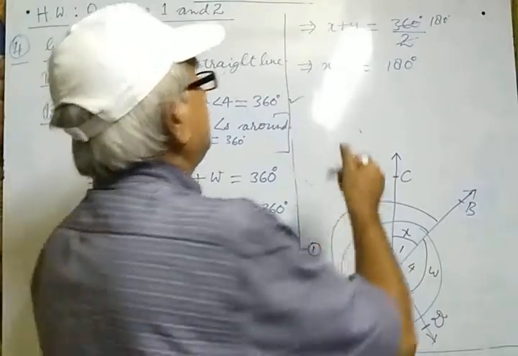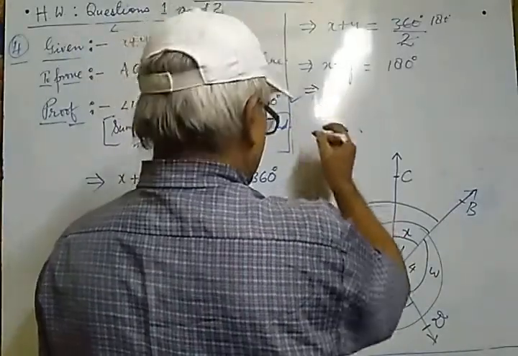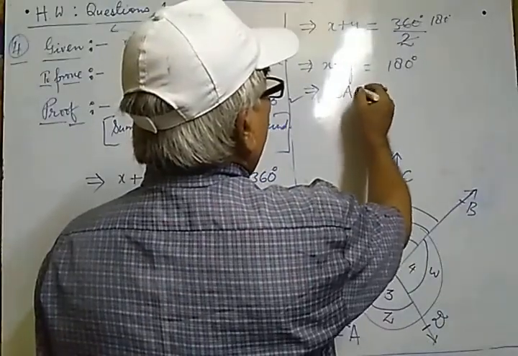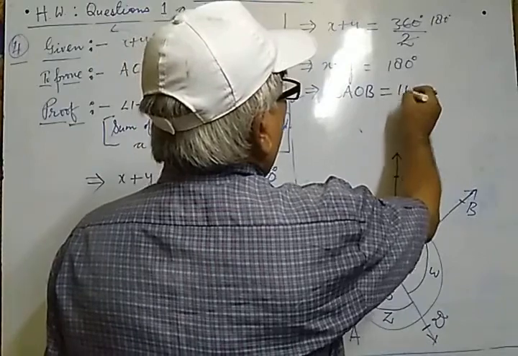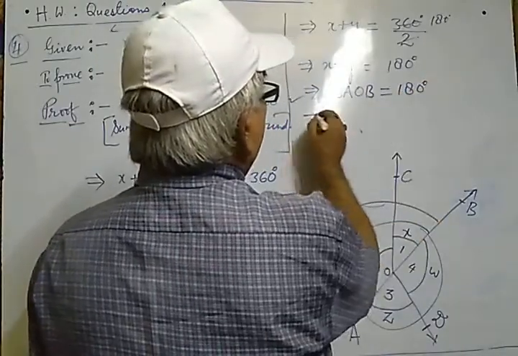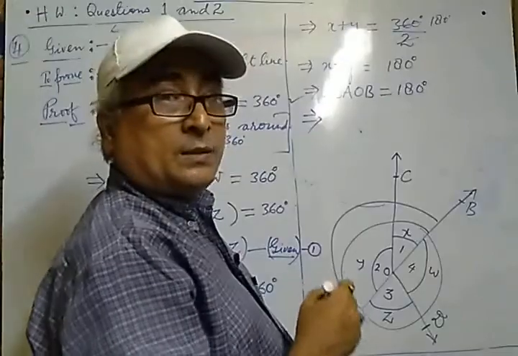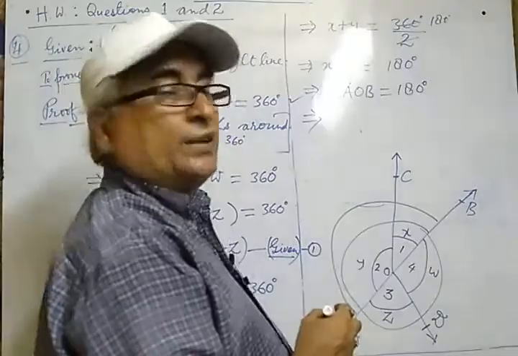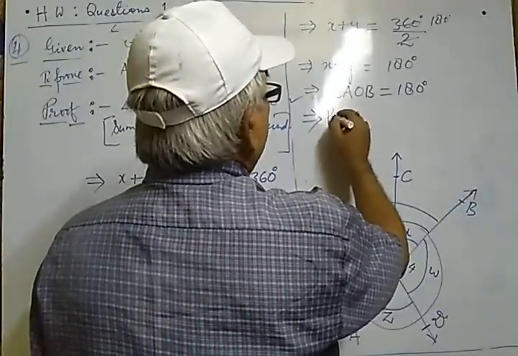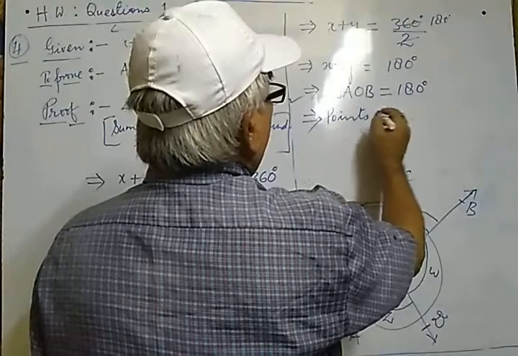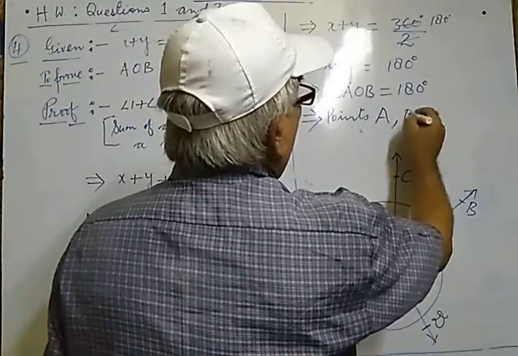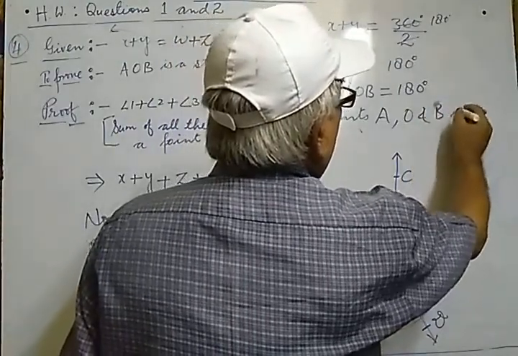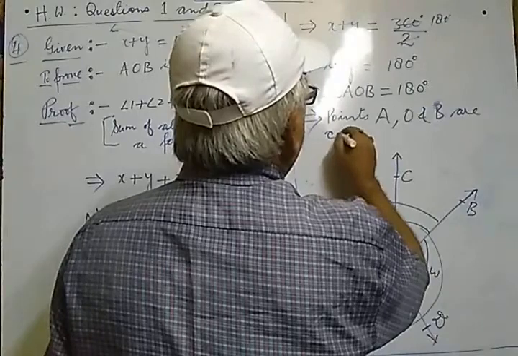So this implies angle AOB equal to 180 degree. If angle AOB is 180 degree, it means point A, point O and point B are collinear. So this implies points A, O and B are collinear.